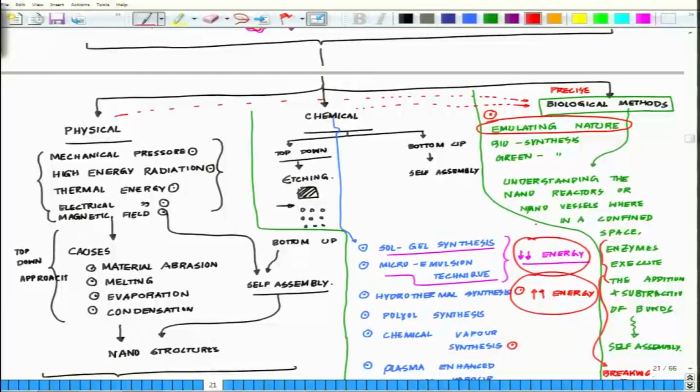and if you compare the energy, these will be low energy techniques, and a small amount of raw materials will be needed, and they will be much more eco-friendly.